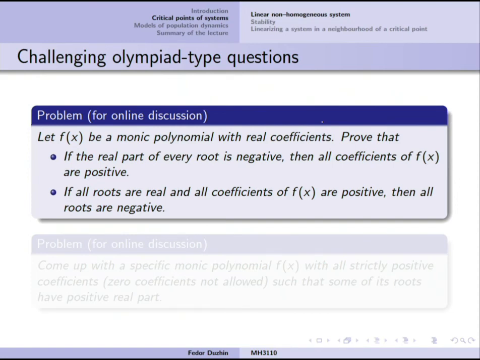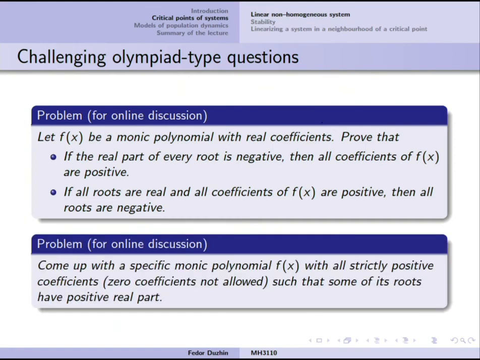If additionally you know that all roots are real and coefficients are positive, then all roots are negative. But it is possible to construct a specific polynomial with all strictly positive coefficients, but some of its roots have positive real parts. So they're complex, but have positive real parts. Please try to think about it and try to come up with a specific example.